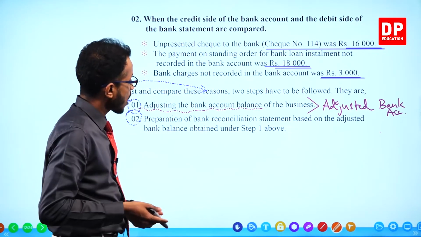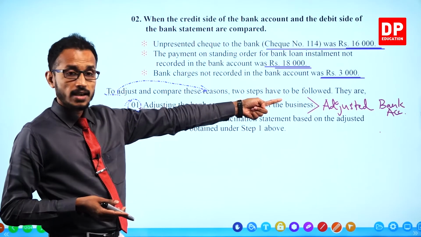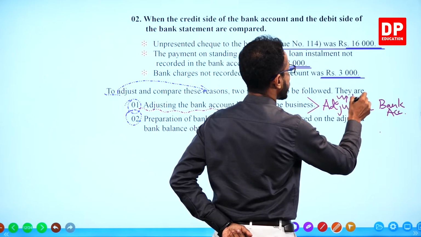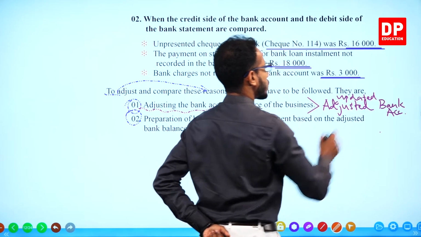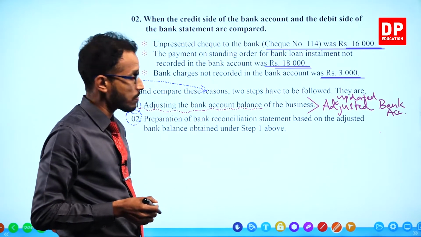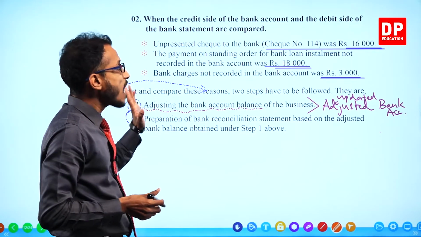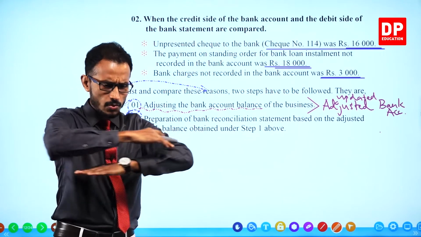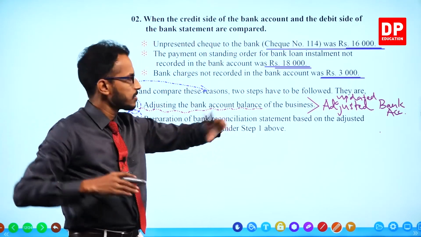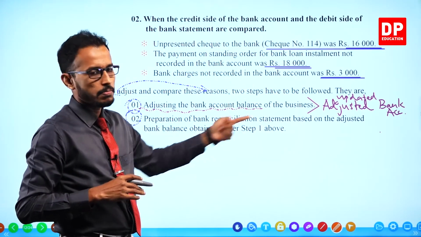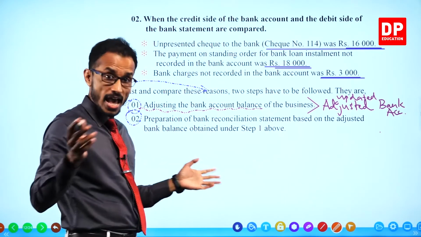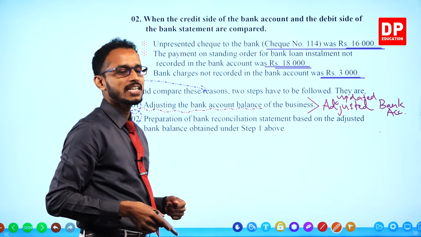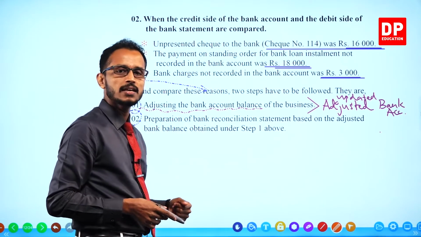All right. After you prepare the updated bank account, or adjusted bank account, you have to take that updated balance and reconcile it with the statement balance. To do that, we prepare the bank reconciliation statement.